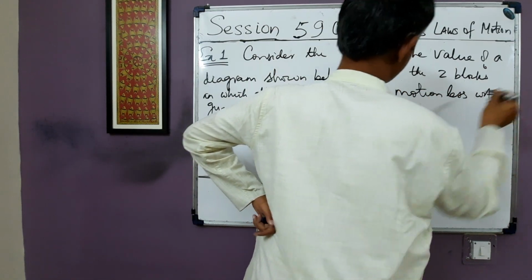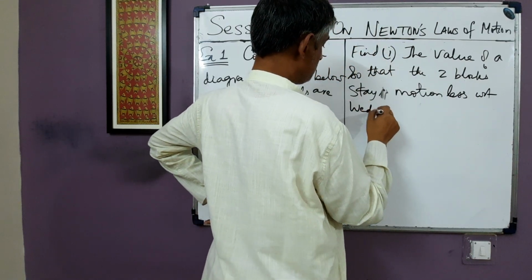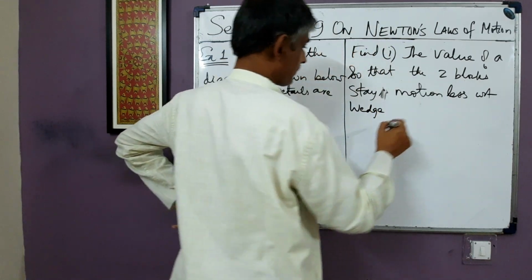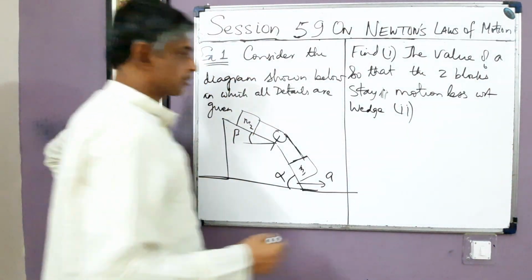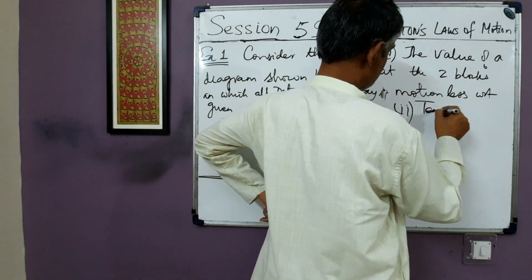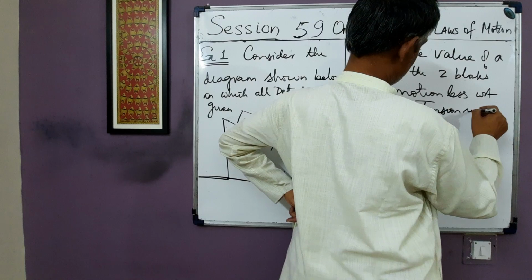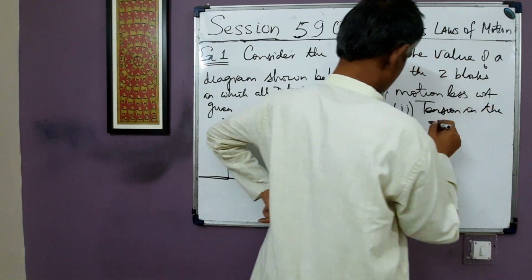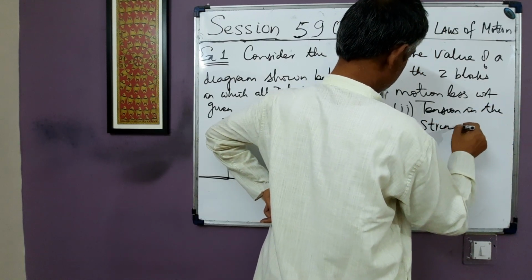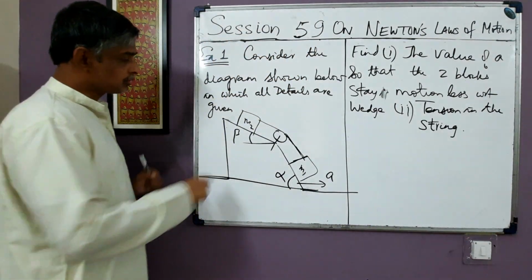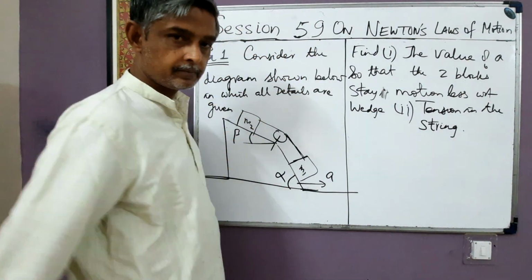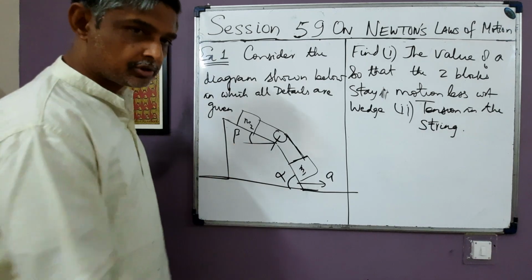And second, we have to find the tension in the string. All answers should be in terms of M1, M2, alpha, beta and g. This is the required question.